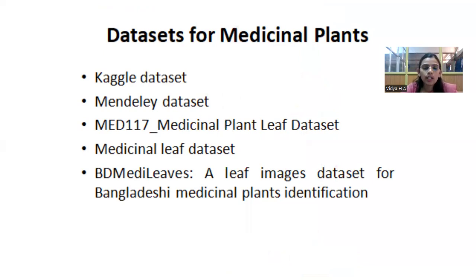These publicly available datasets include the Kaggle dataset, Mendeley dataset, Med117 medicinal plant leaf dataset, medicinal leaf dataset, and BD Medi leaves dataset, which contains the leaf images dataset for Bangladeshi medicinal plant identification in India. These datasets can be used for species identification but not for disease detection, as these datasets don't contain diseased leaf images of medicinal plants, and hence have to be built.